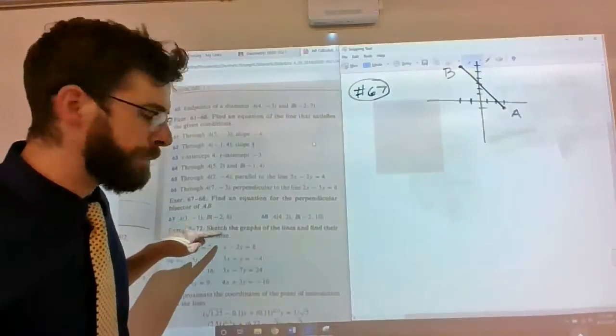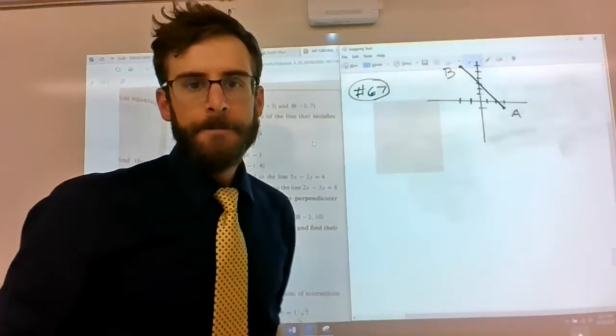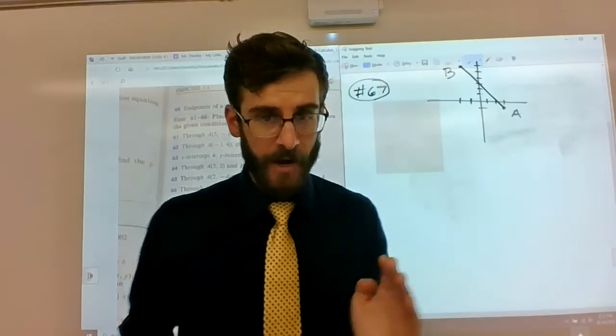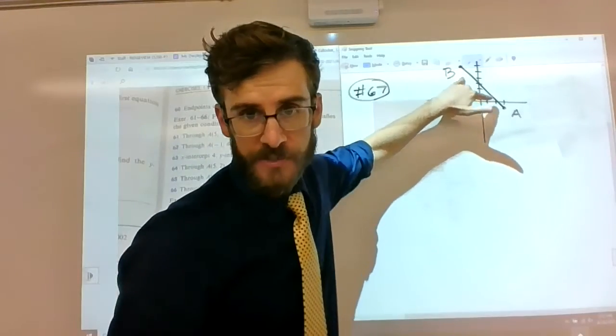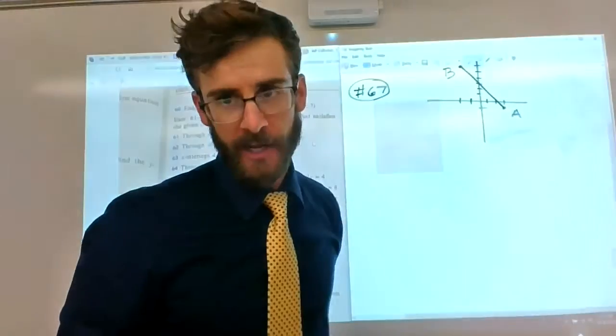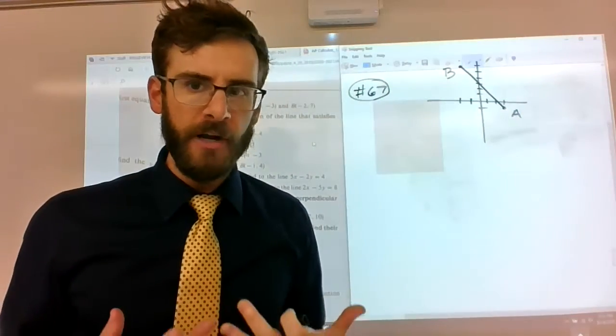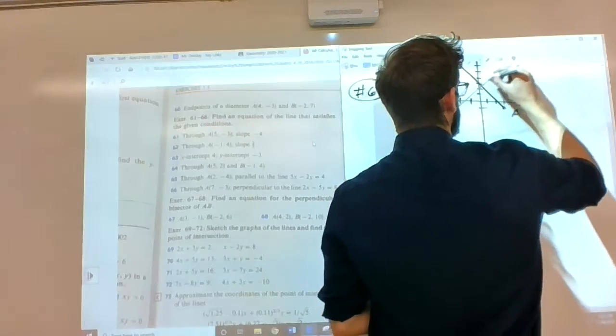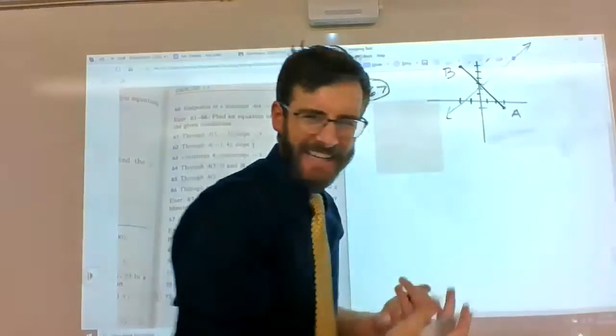That's why they call it a perpendicular bisector, because it basically cuts the segment in half into 2 equal parts and creates a 90-degree angle right there. So what we're really looking for is the equation of the line that kind of looks like that.